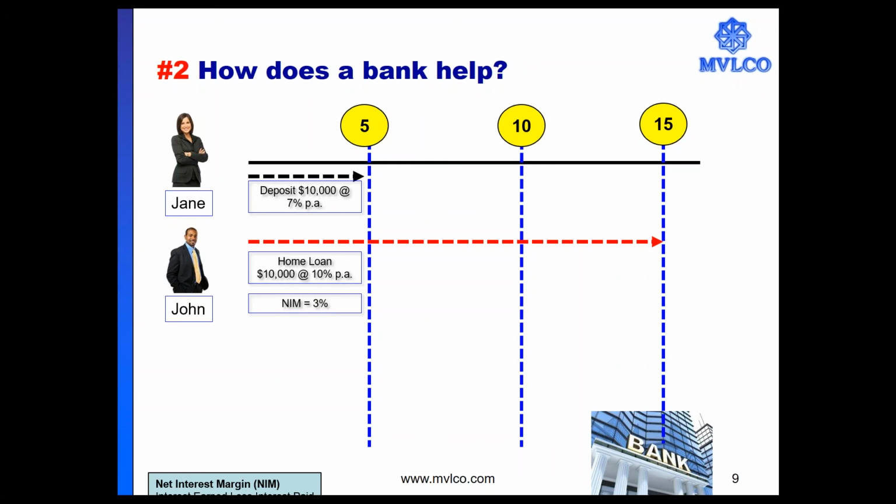So one requirement is to manage the liquidity in the bank. The second requirement is to also stay profitable, because I cannot invest the money at a lower return than the rate at which I have accepted the deposit. For example, when I put the money in the money market, if I'm going to get a return of less than 7%, I lose because I'm paying Jane 7%. If I get a return of 5%, 2% is my loss.